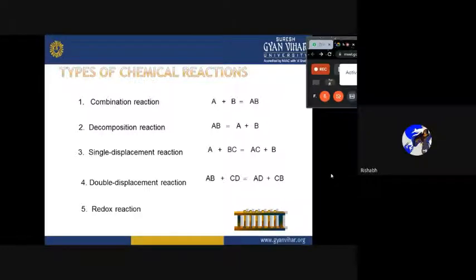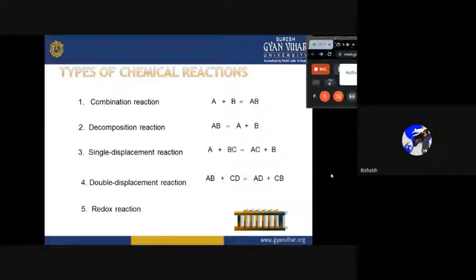So in the result, A is replacing C from the CD, and B is replacing D from the CD. So C's place is taken by A and D's place is taken by B. So there are two displacements going on in the same reaction. So that is why it is known as double displacement reaction.